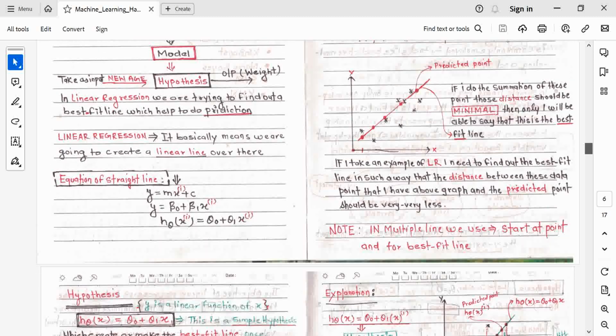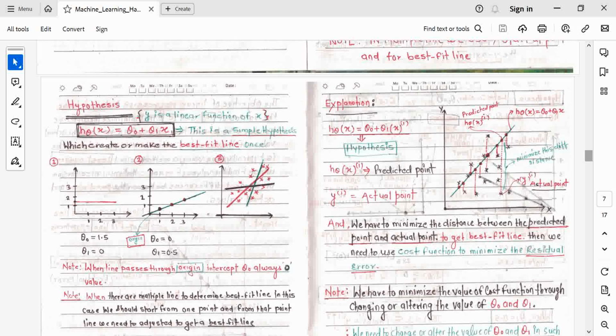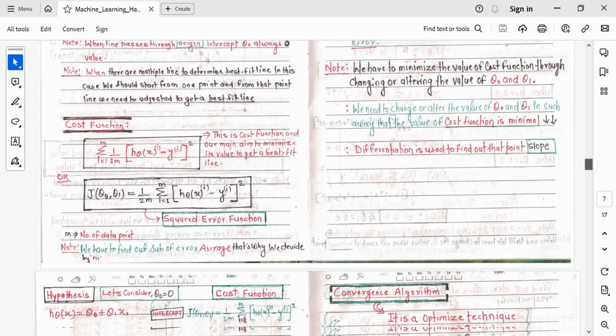It means we have to understand what the actual value, predicted value and residual value are. Residual value means the summation of the difference between the actual value and the predicted value, and we have to keep changing the value of theta until the global minima is reached.